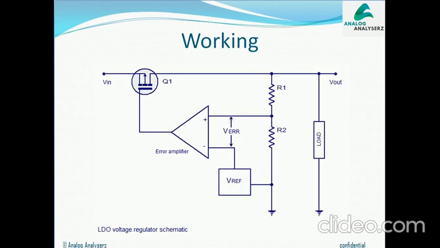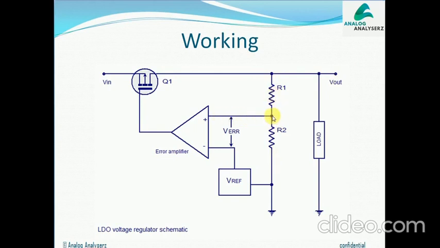In order to understand the working of this circuit, let's take a scenario wherein Vin is 1.8 volt, Vout that we want is 1.2 volt, and this is R1 and R2. As 1.2 volt will be at the output, these 2 resistors form a voltage divider.